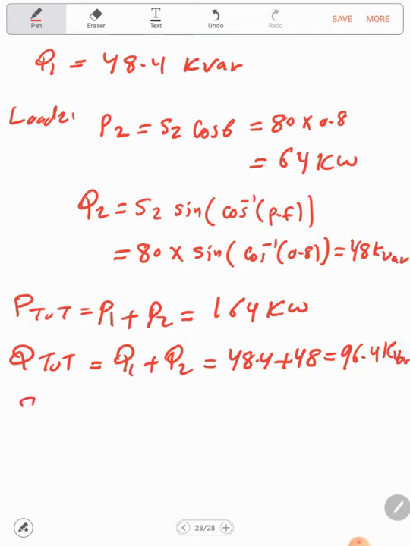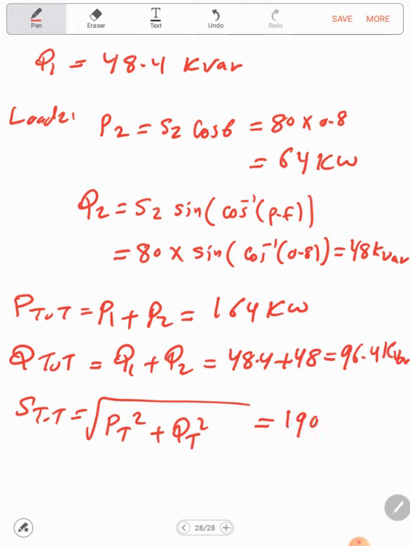So S total is equal to the square root of P total squared plus Q total squared, and this will equal 190.2 kilowatt.